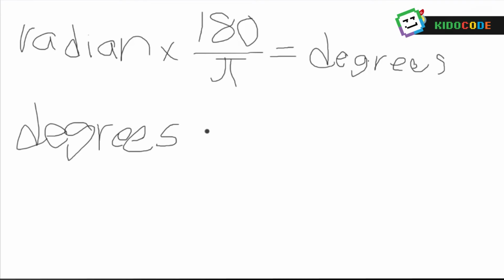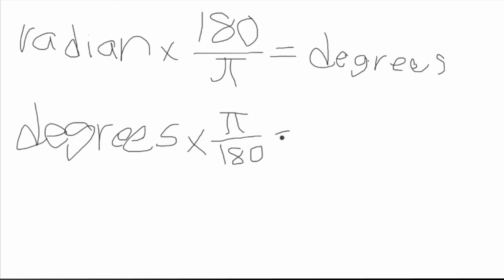Then what we have to do is multiply it by pi this time, and then divide by 180. This becomes the radian. So 1 degree is approximately 0.017 radians. So we don't need to worry about that.